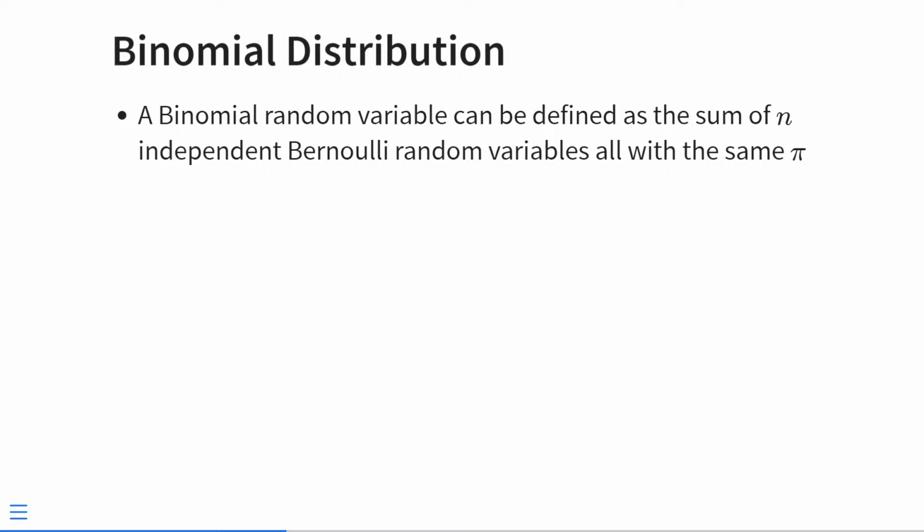So a function of a random variable is a composite function, but it's also a random variable. So if I have n Bernoulli random variables, which are 0 and 1, and I sum them together, I'm going to get a new random variable. And that summed random variable has what is known as a binomial distribution.